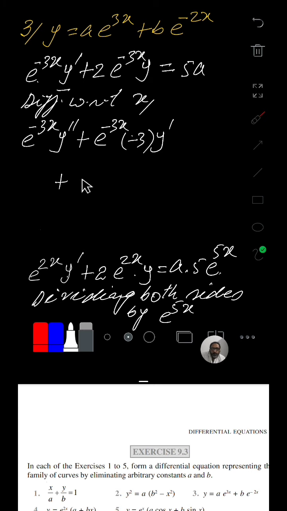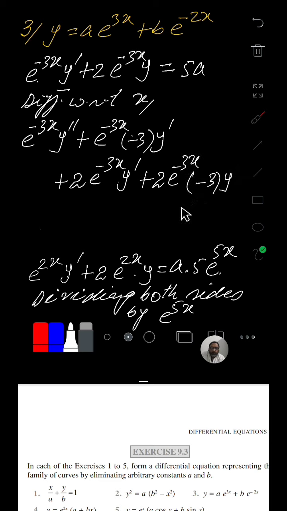So 2 e raised to the power minus 3x as it is, derivative of y is y dash, and plus derivative of the first function, that is twice e raised to the power minus 3x into minus 3, y as it is as second function, and is equal to the derivative of 5a, which is 0 being a constant term.